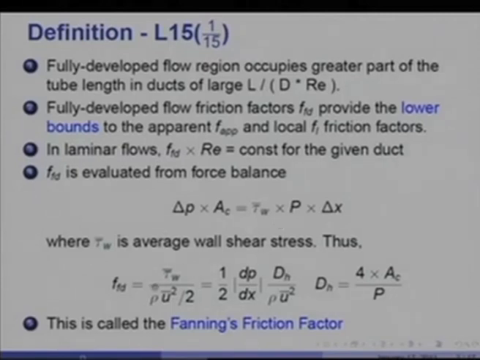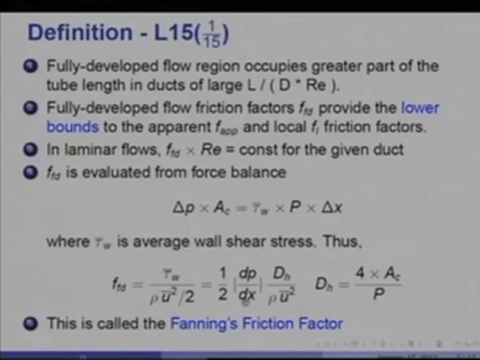Now, you know that the friction factor is the ratio of shear stress divided by kinetic energy, which we in this case define as rho u bar square by 2, where u bar is the mean axial velocity. And from this relationship, it will be obvious that it would become 1 by 2 modulus of dP dx dH by rho u bar square.